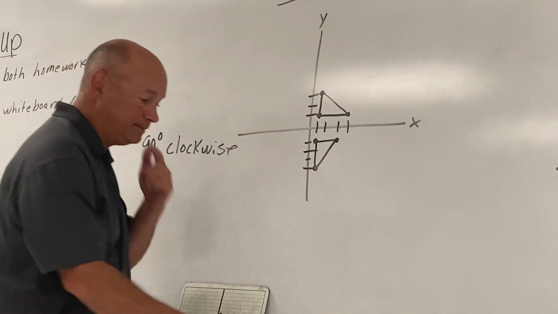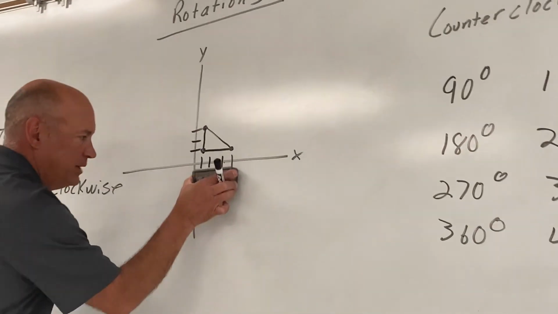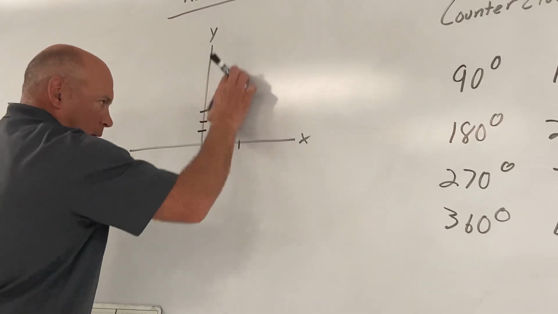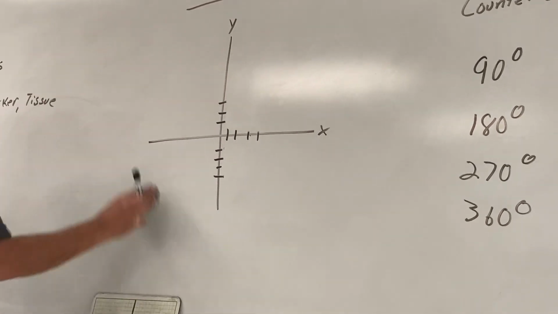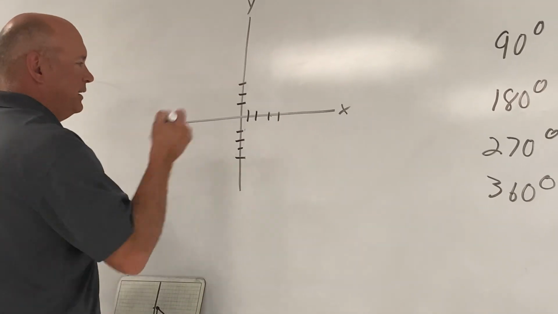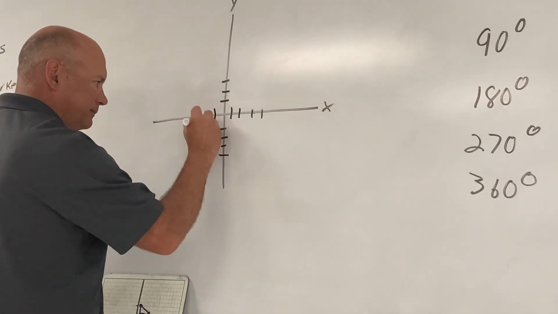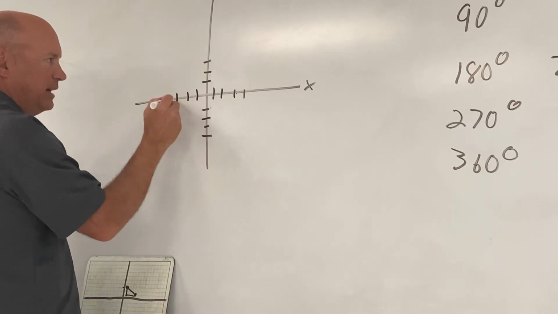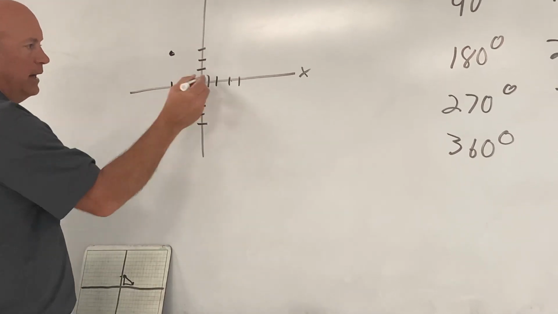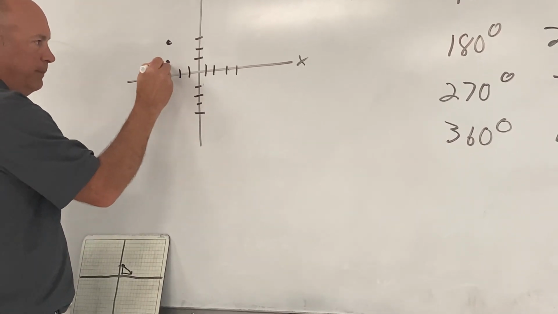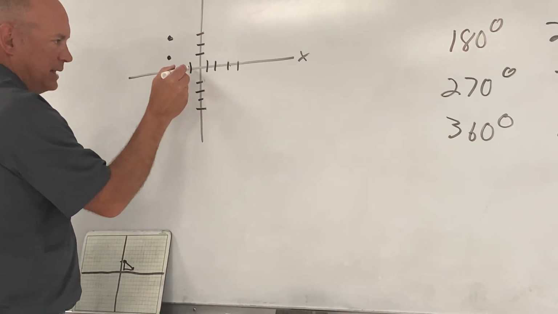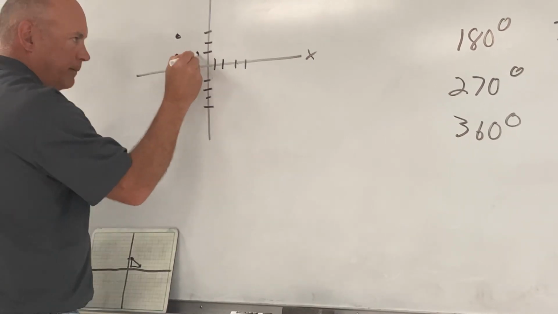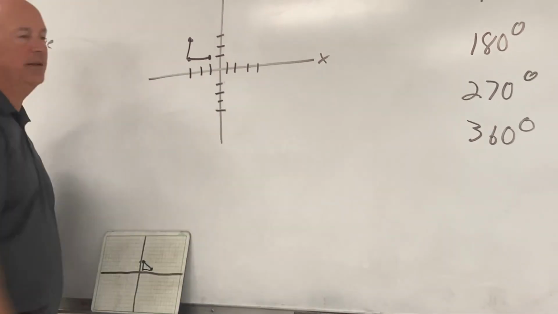Let's do another one. Erase that picture. Let's do the letter L. So put a point at -3, 3. Another point at -3, 1. And another point at -1, 1. And let's make the letter L right there.